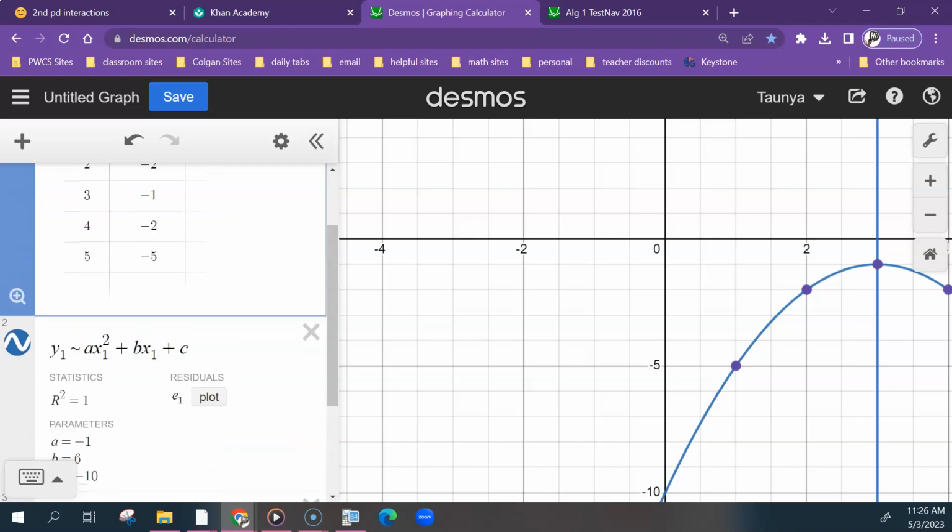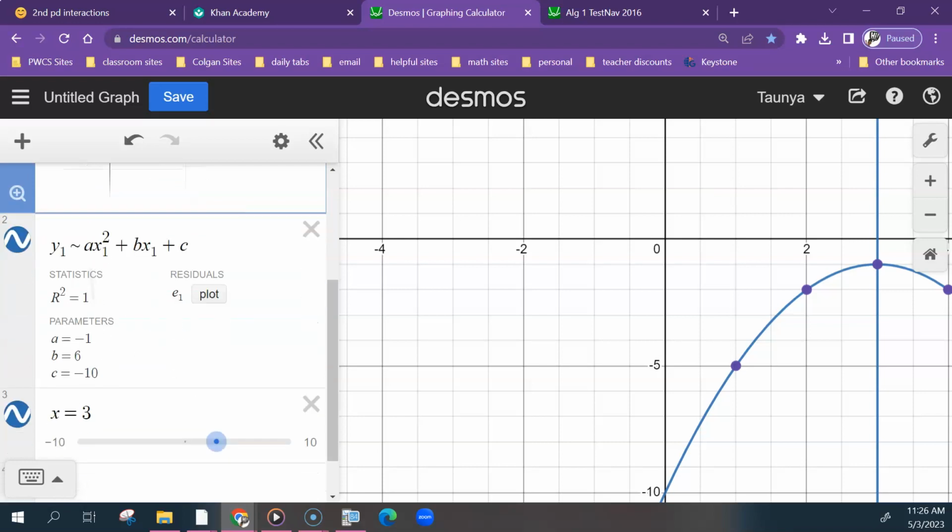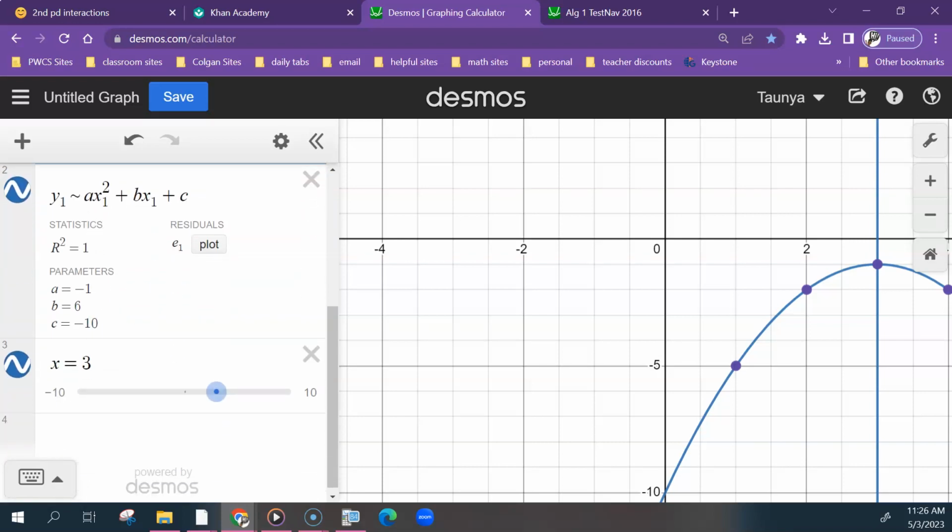So I already had my equation there. If you got rid of yours and added in a new table, you'll have to change this to y2, x2, and x2, or whatever numbers your table says. So then our equation using those 3 numbers would be y equals negative x squared plus 6x minus 10.